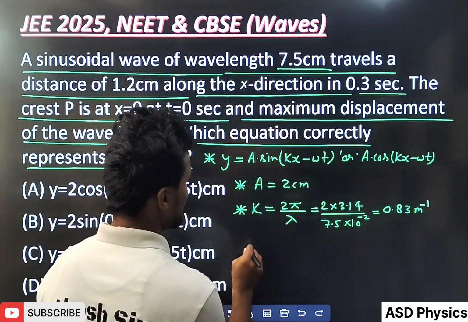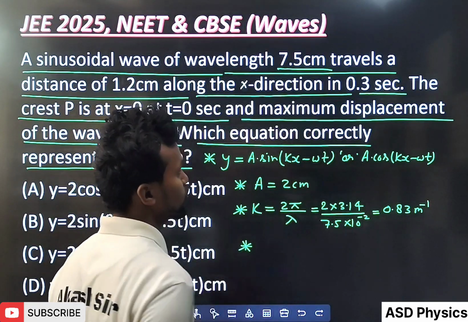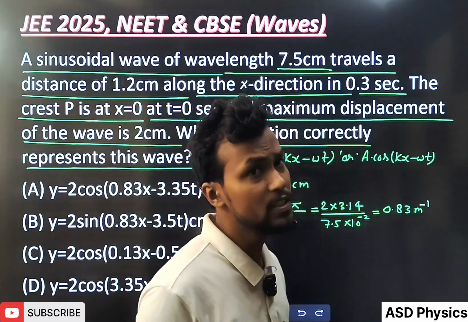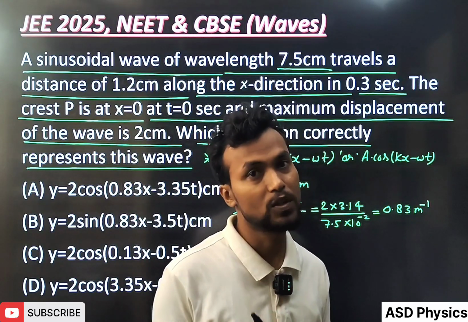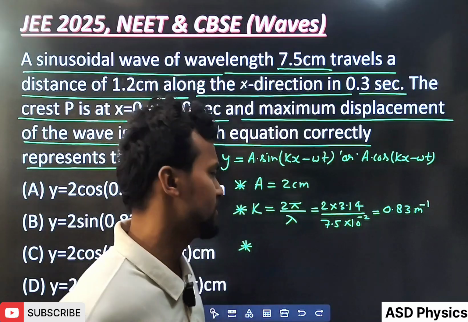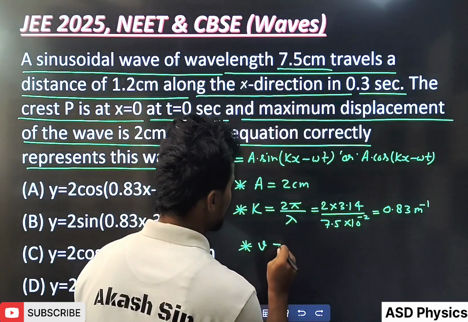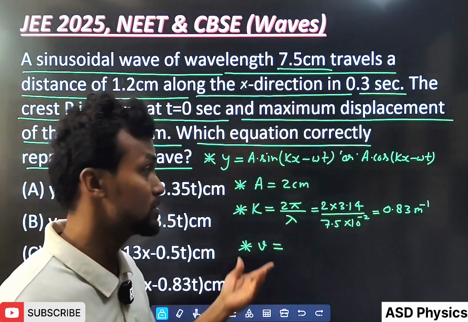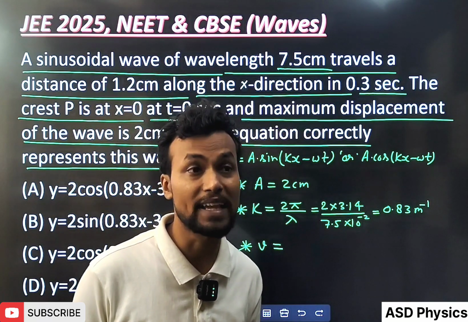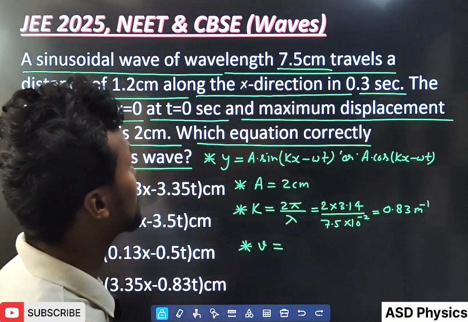Okay, next one, what do we have to calculate? We have to get the omega. For omega, there is one formula, V equal to omega by k. Okay, so k we know, so if we can get the velocity, we can get omega very well. To get the velocity of the wave, this is not an electromagnetic wave. Electromagnetic waves travel with the speed of light in a vacuum, but here this is a mechanical wave.